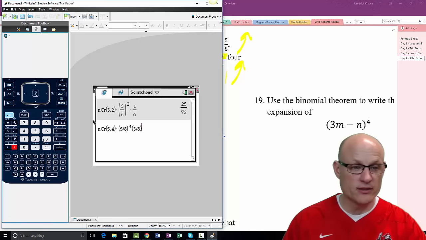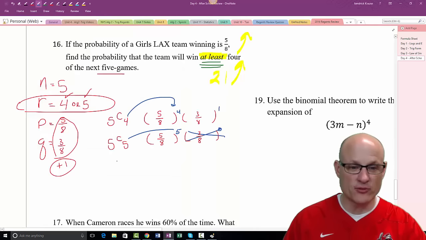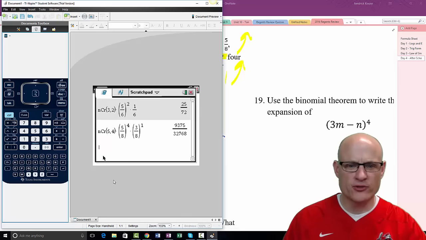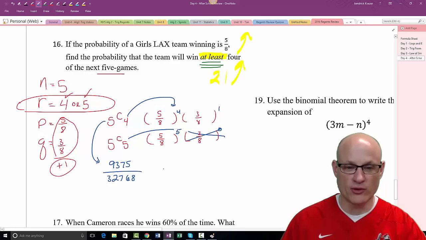I don't even need that, but I'll put it in there. You don't need it, but whatever. 9375 over 32768. That's this one. Sorry, I ran out of room to show it.